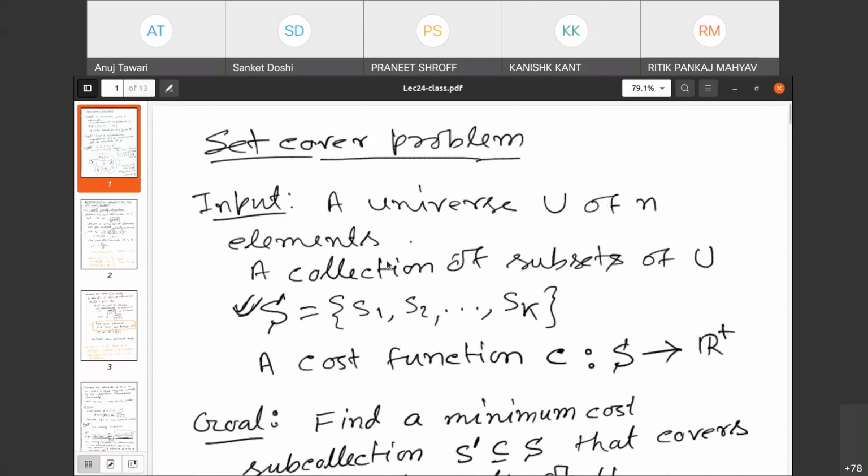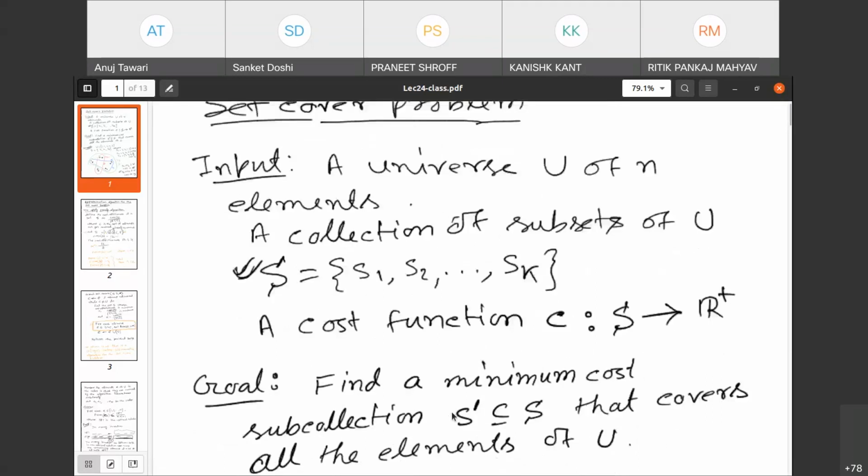Those towers will help you send signals to a certain subset of the universe, a certain subset of people. There is a certain cost associated with establishing those towers, and you want to serve the maximum number of people, but using the minimum cost, because cost is also an important parameter here.